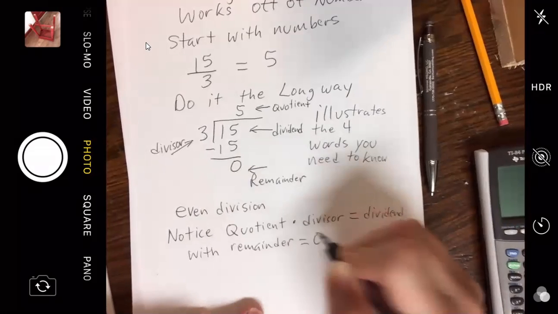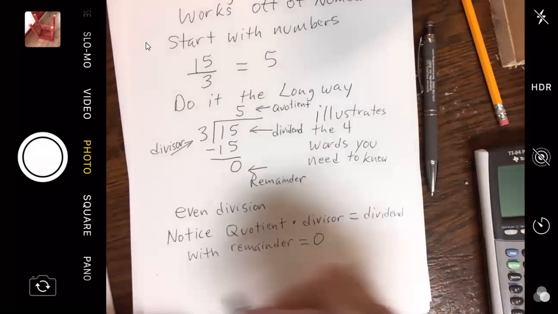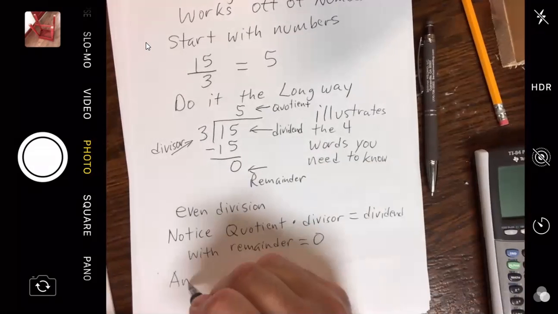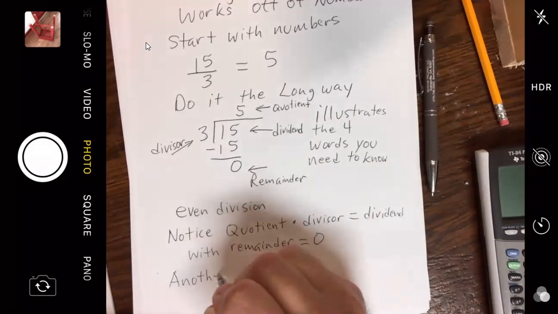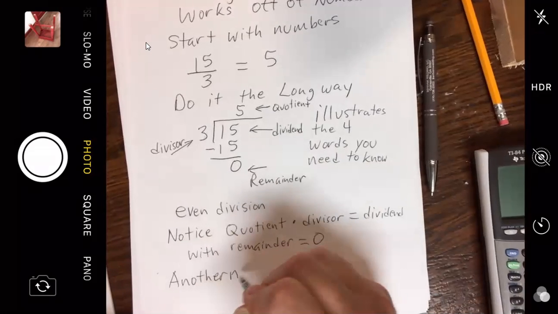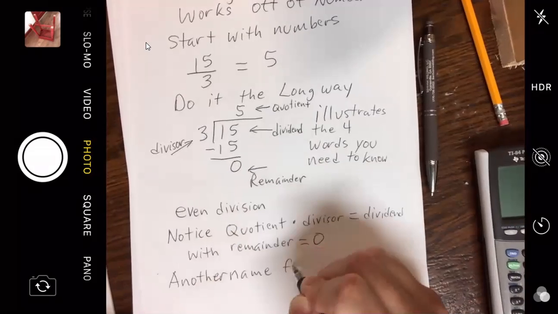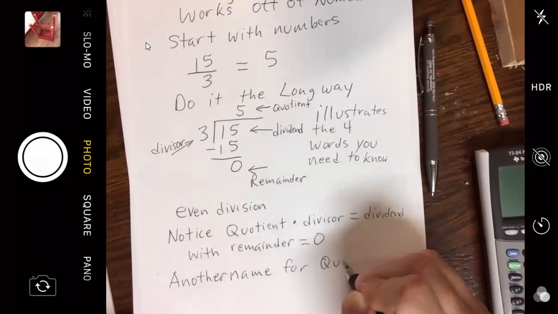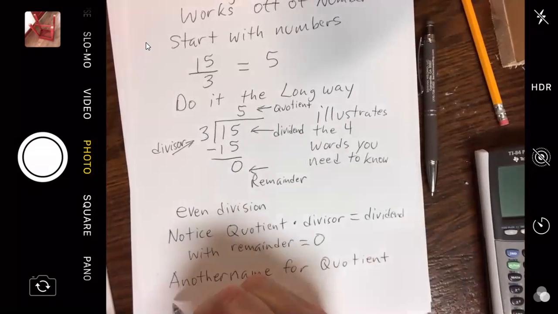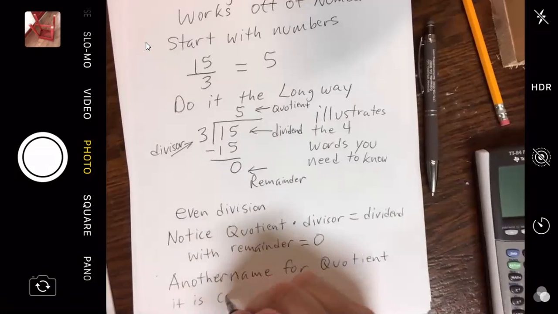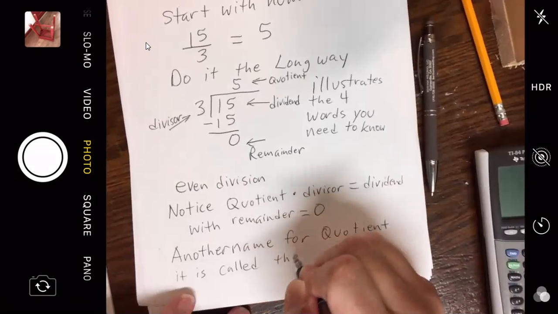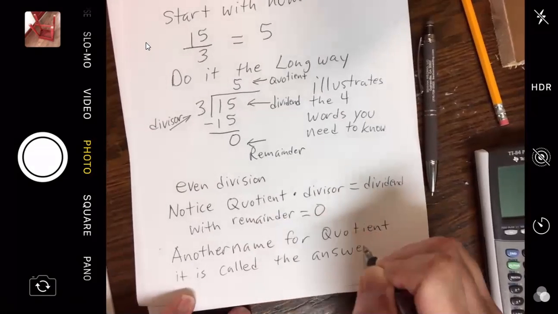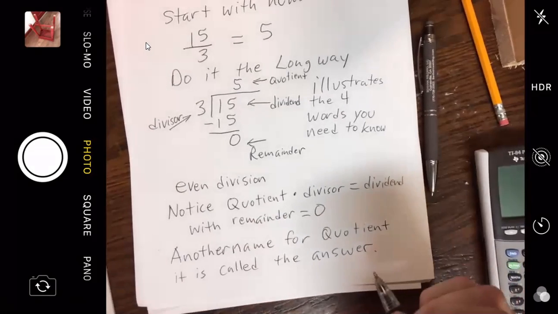Another name for quotient is called the answer. Now, with remainder 0, it is the whole answer.